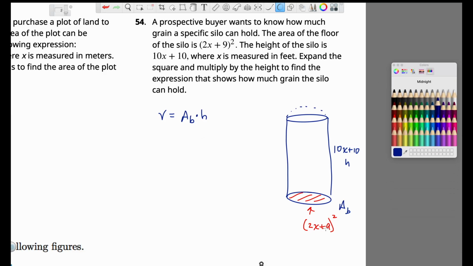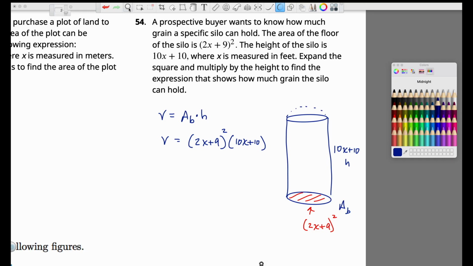We have the area of the base and we have the height. We have expressions for them, so we're just going to put it in. 2x plus 9 squared times 10x plus 10. Expand the square and multiply by the height to find the expression for how much grain the silo can hold.